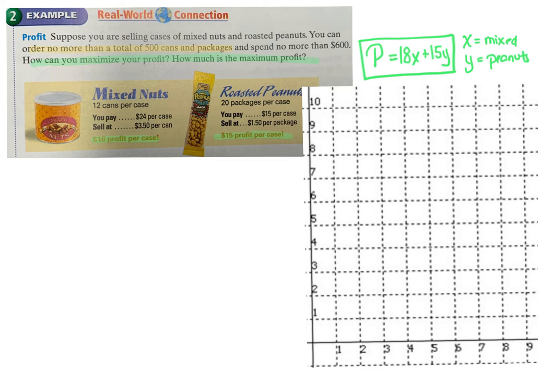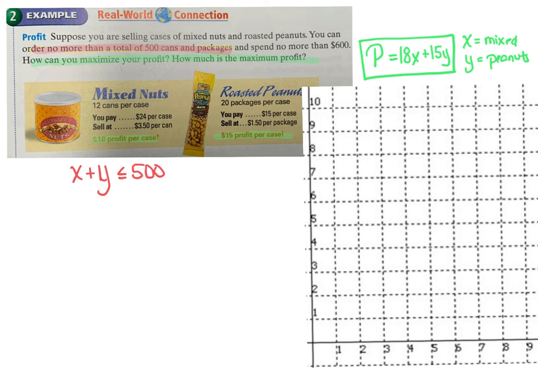Not just Y. X plus Y, all of it together, okay? So we're going to say X plus Y, less than or equal to, and that's going to be 500.